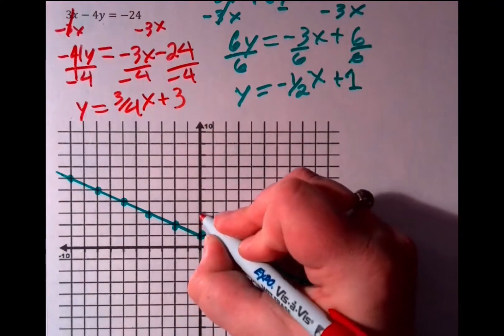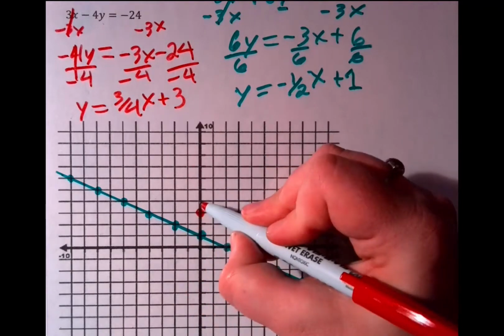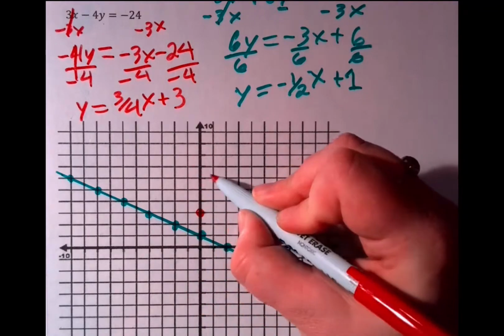So we're going to go up to 3, put our first dot, and we go up 3, 1, 2, 3, right 4.